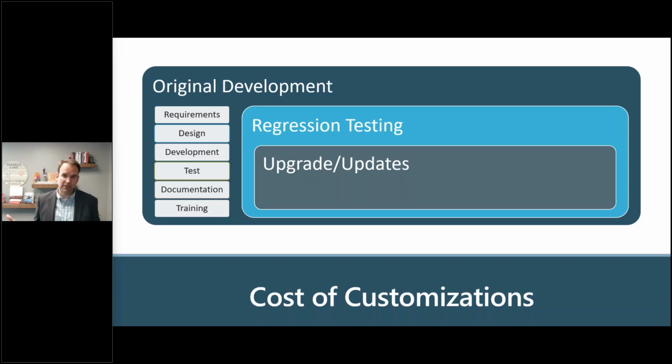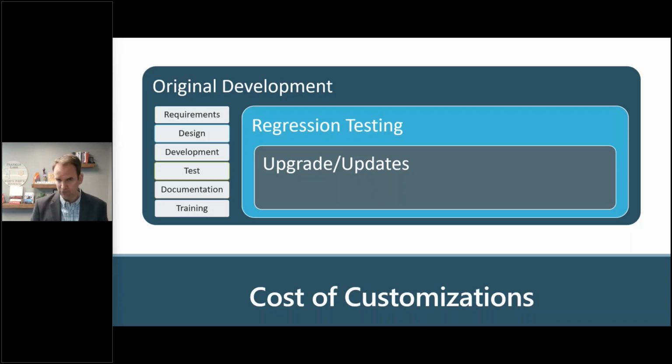Well, depending on how big of a deal it is, how important that is to your business, you probably should. So now not only are you spending money to write it in the beginning, but you're also spending money to test it in the future. So again, customizations are a lot more expensive than people think. That's why you should try to avoid them the best you can.